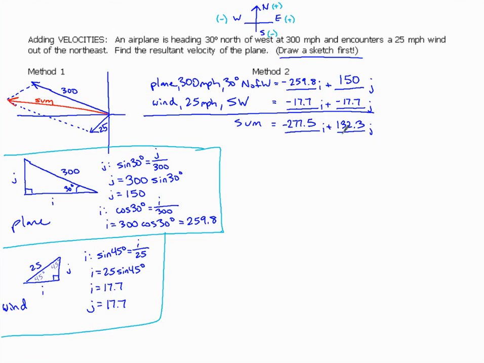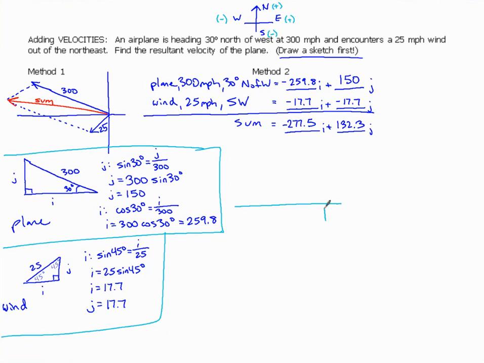If we look at the horizontal component, it is negative, which means it is going west. So let's draw this on a coordinate plane. We know it's going west, and the vertical component is positive, so we know it's going north.